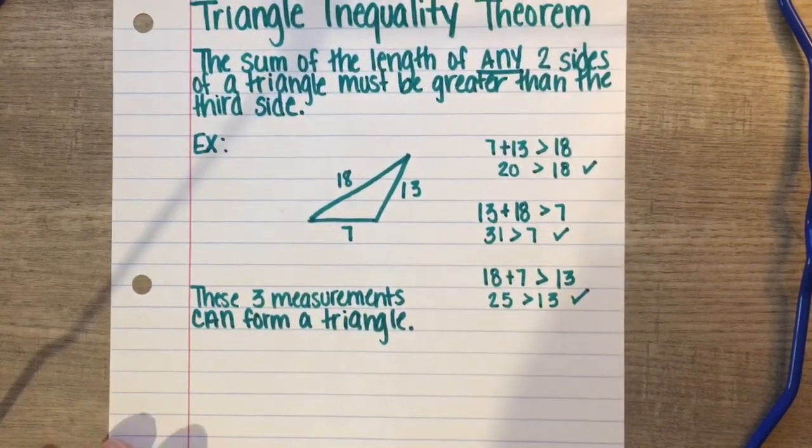That's all it's saying. So if you scroll down a little bit more on your computer, then they have another example. So they have 11 feet, 5 feet, and 13 feet. And you have to figure out if those three lengths form a triangle. And it goes through and it shows yes, yes, yes for all three.